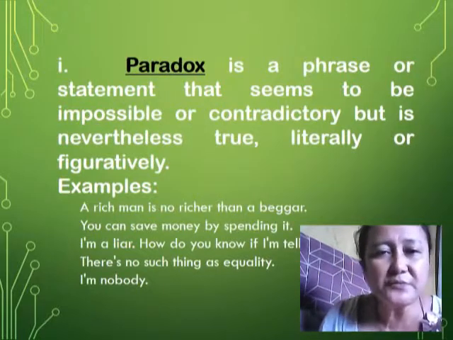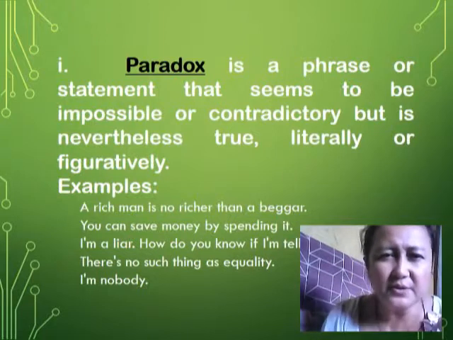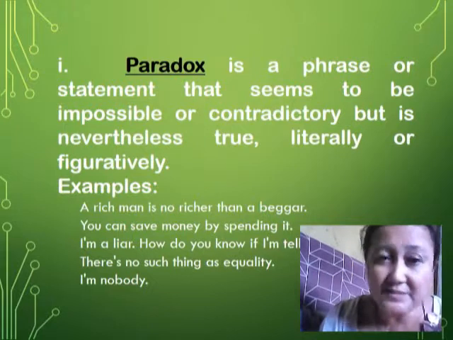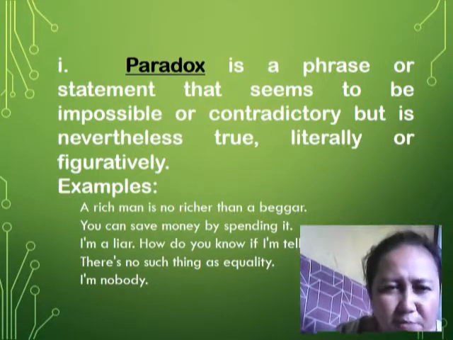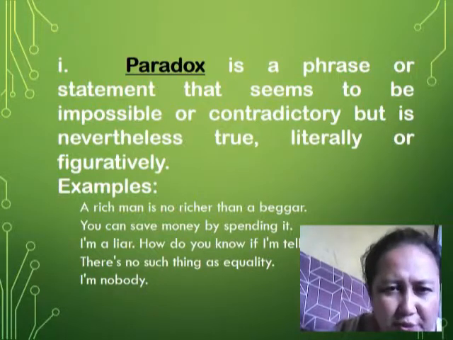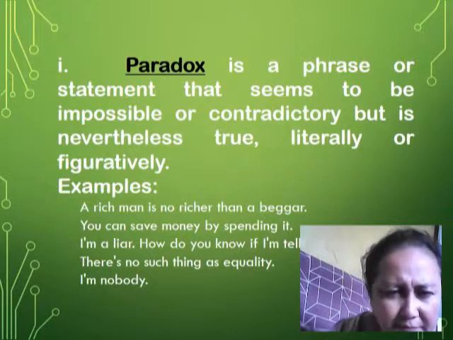Next, paradox. A paradox is a phrase or statement that seems to be impossible or contradictory, but is nevertheless true, literally or figuratively. Examples: a rich man is no richer than a beggar. You can save money by spending it.